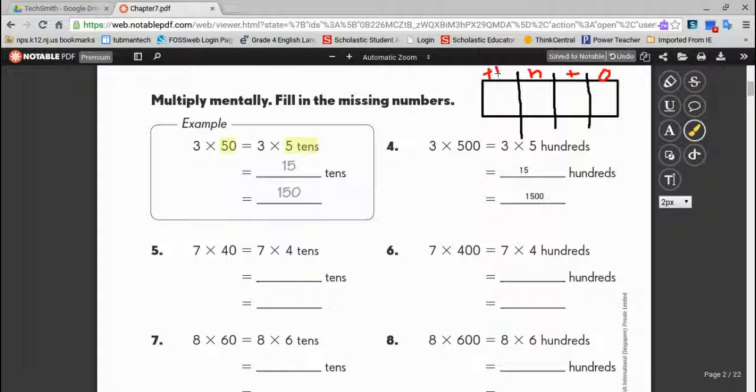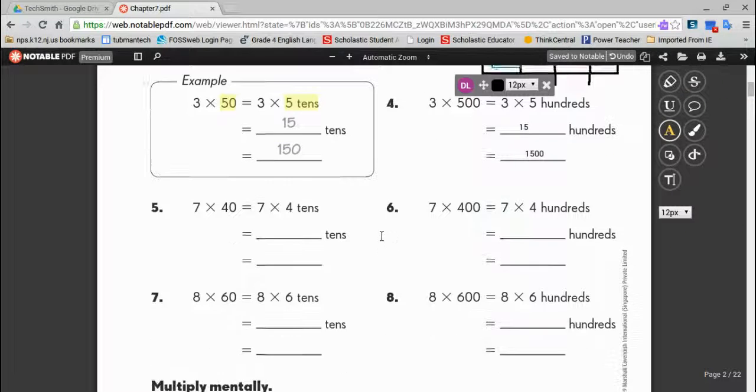And if you look at the number 15 hundreds, well, 1,500 would be my 1 over here, my 5 over here, because it's 15 hundreds, and then here would be 0 and 0. So a simple place value chart helps you understand that 15 hundreds is 1,500.